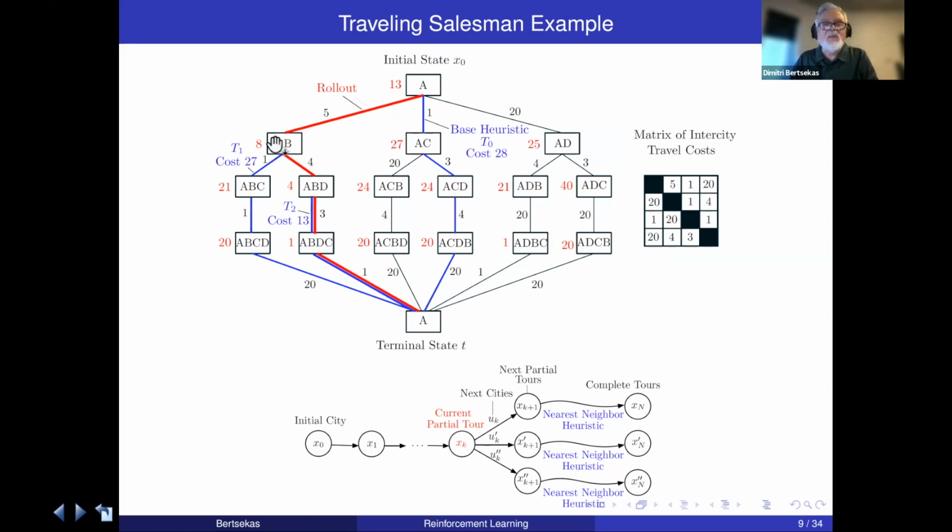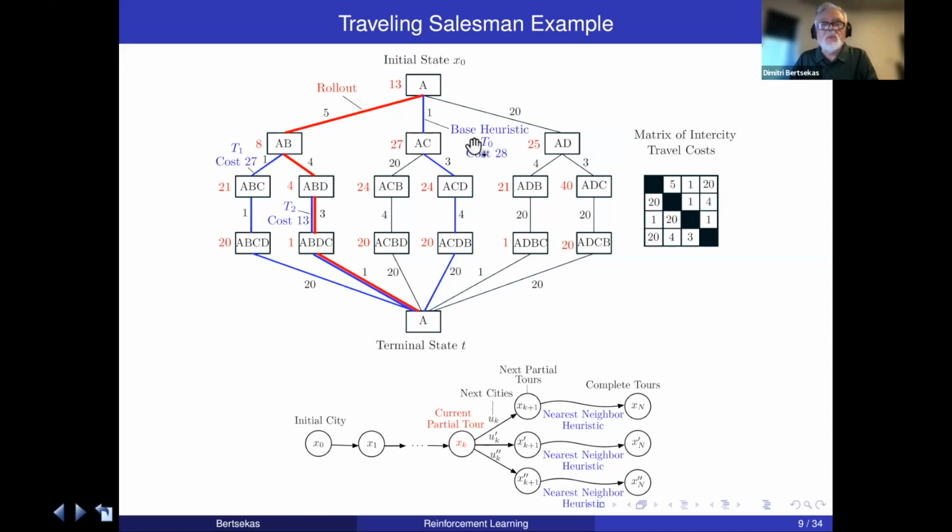At this stage, we have a choice between 2 different cities to go, and the dynamic programming algorithm compares these branches and takes the minimum after adding the corresponding travel costs. So if you take this branch, it is 21 plus 1 equals 22. Take this branch, it is 4 plus 4, which is 8. That's where this 8 came from, the optimal cost to go from this city.